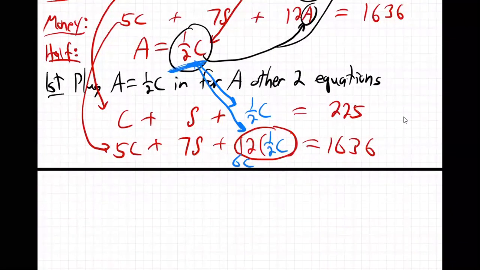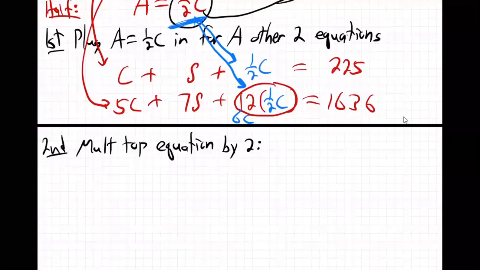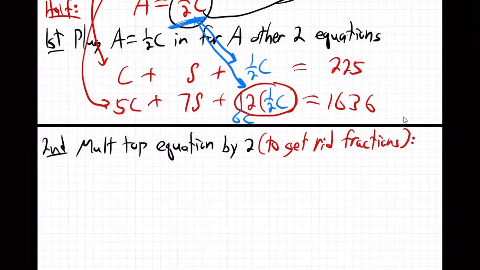Okay. So second step, multiply the top equation by 2, to get rid of the fractions.